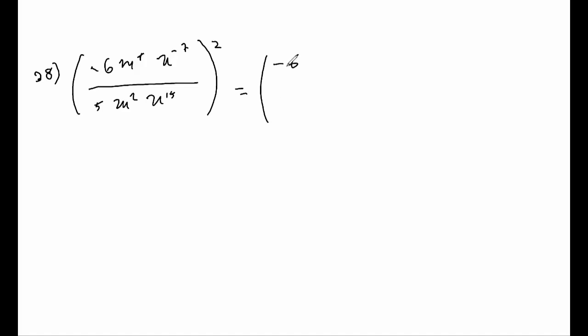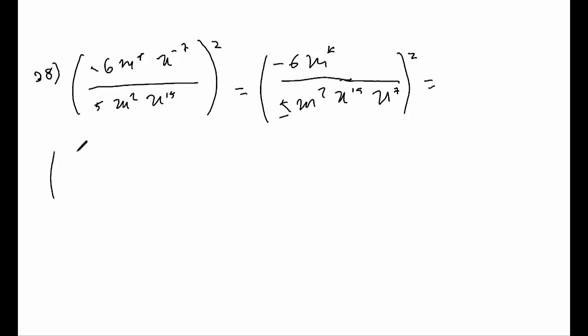So here's what we do. Negative 6 m to the 4th, nothing on the bottom here is negative, over 5 m squared n to the 15th. And then I'm going to bring down the n and make that to the positive 7. And now I will square it. So now I'll just organize everything. I'll put my numbers in my first bracket, negative 6 over 5 squared.